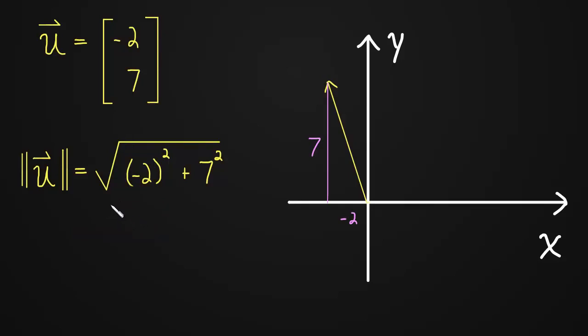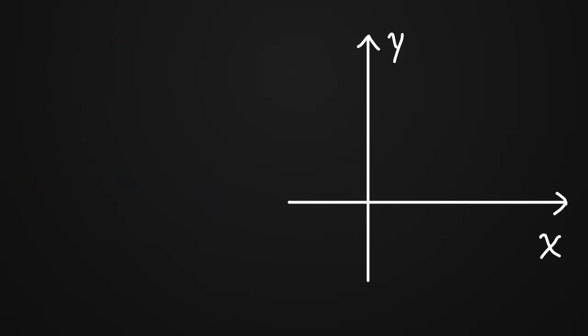Okay, let's do another example here. How about w is equal to 3, -2. Just making stuff up.